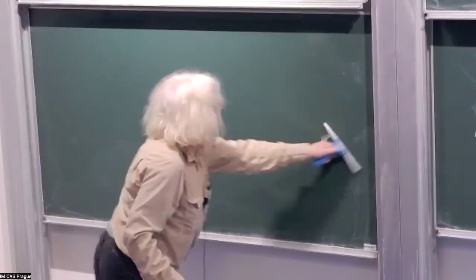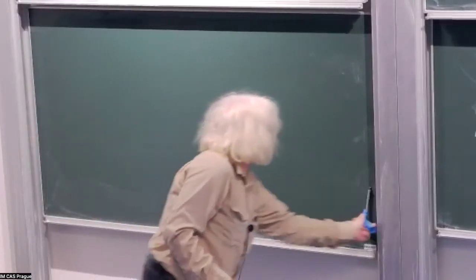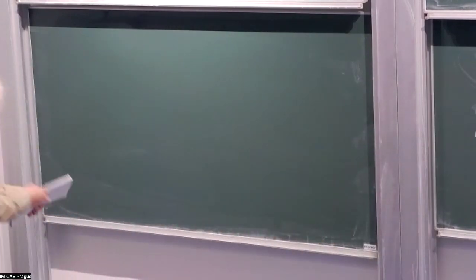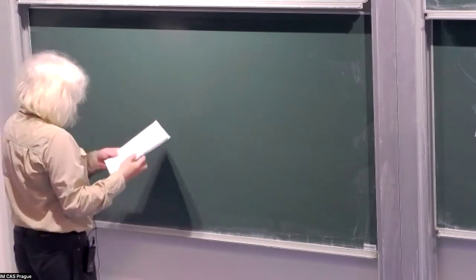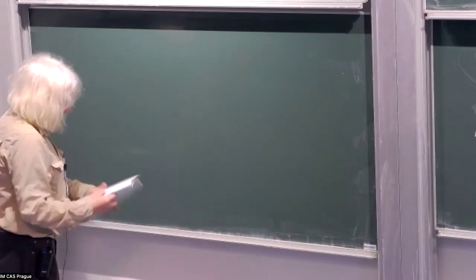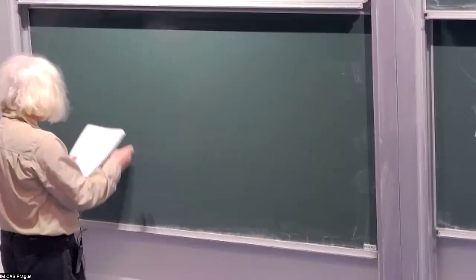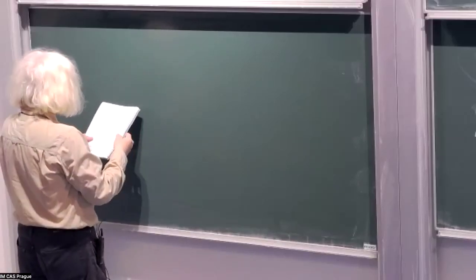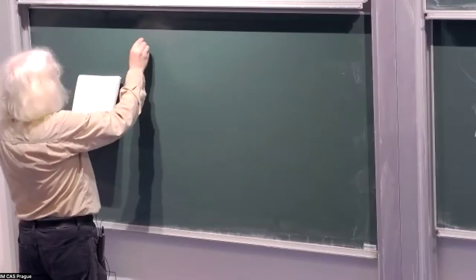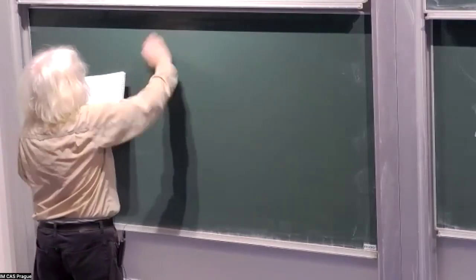But there is a price to be paid, and that price to be paid is we actually get a line bundle. So, let's take this inner product.